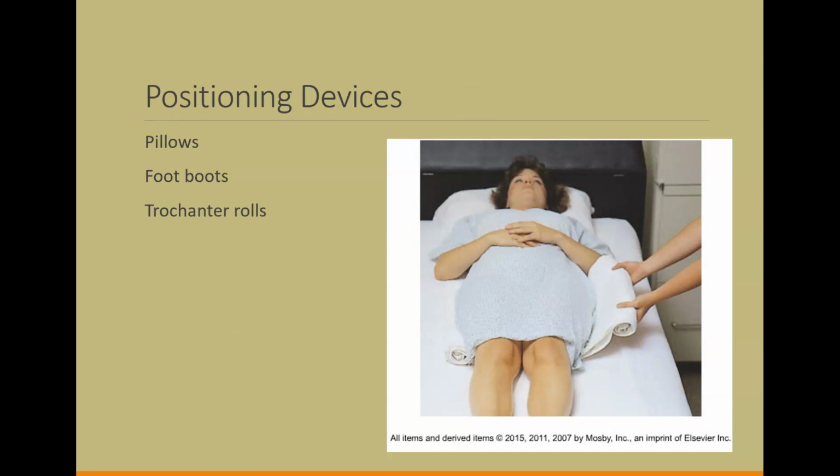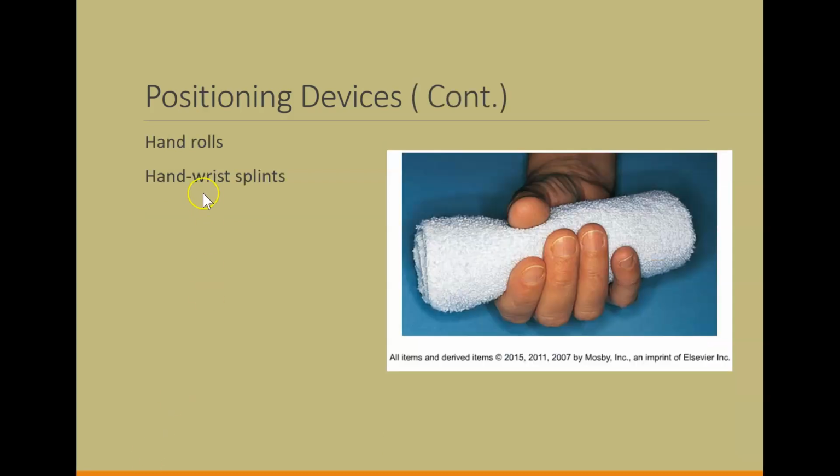You're going to use devices such as pillows, foot boots, and trochanter rolls in order to position the person. You're going to use hand rolls and hand wrist splints because you're trying to assist the person and make sure the person doesn't end up with contractures.